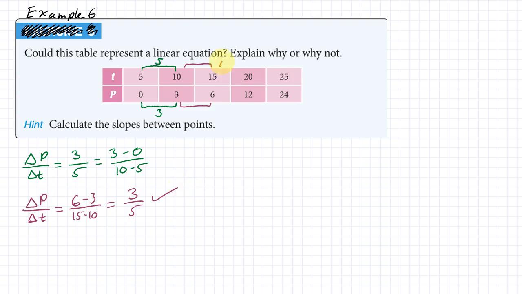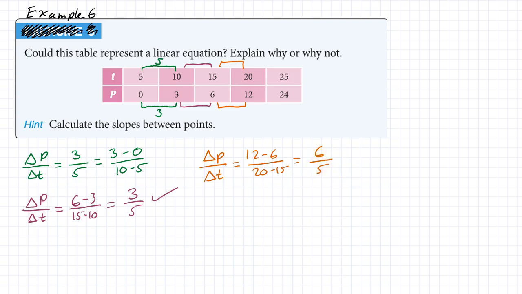Let's keep going. Between these points, we have a delta p and a delta t of going from 6 to 12. That gives you a change of 6. So we can write this as 6 over 5. Oh, wait, that's not the same thing as 3 over 5.